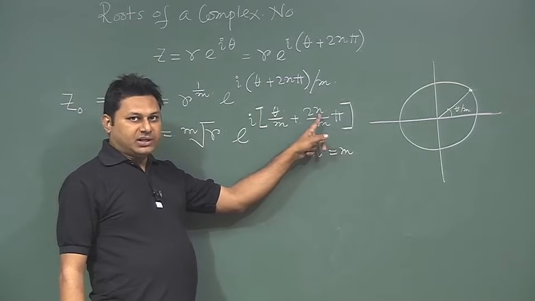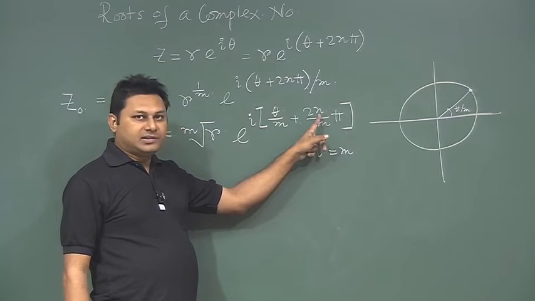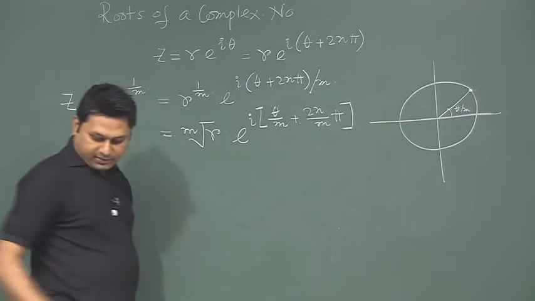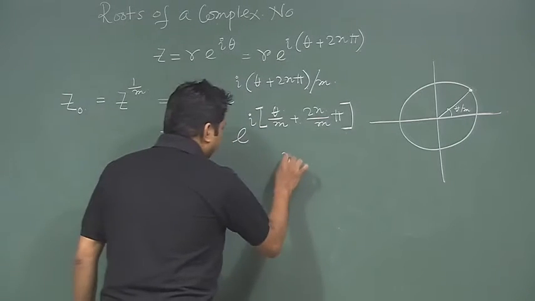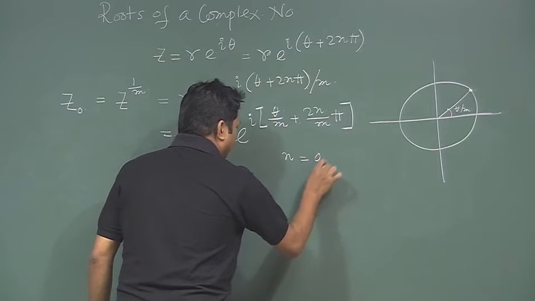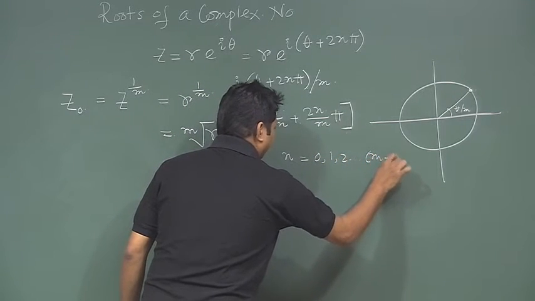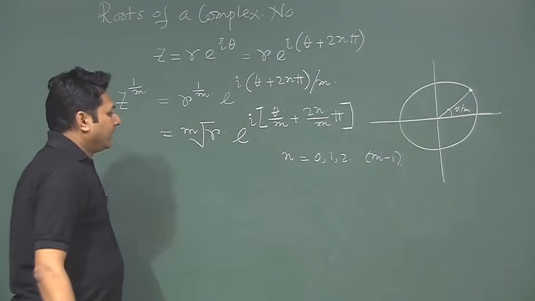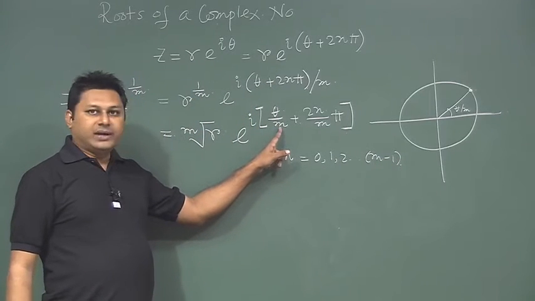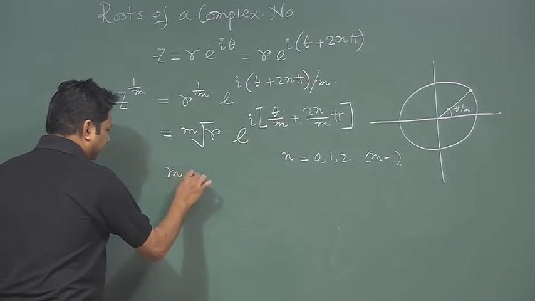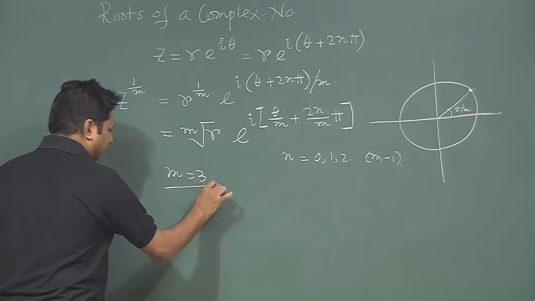So, that means in order to have the distinct roots, my n should have some kind of restriction here, because I try to find out what is my distinct root. So, here the values of n will be 0, 1, 2 up to m minus 1. For this m is fixed, say m is 3 as an example.